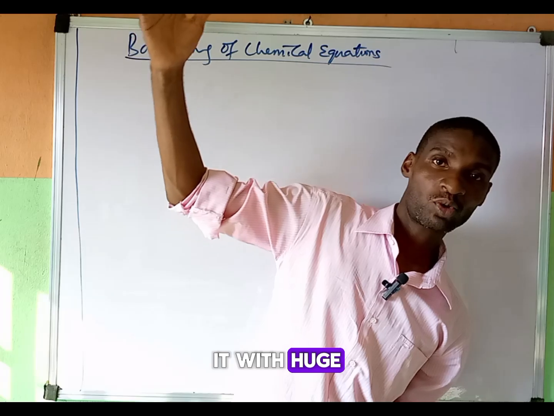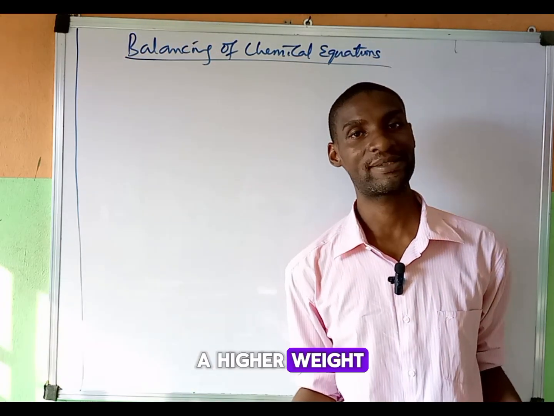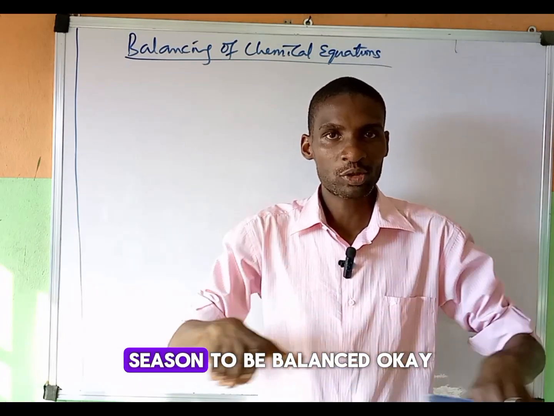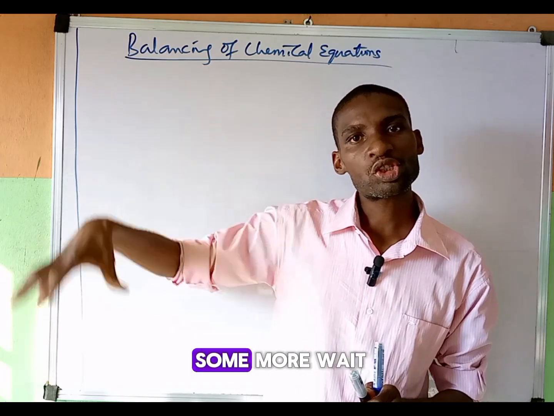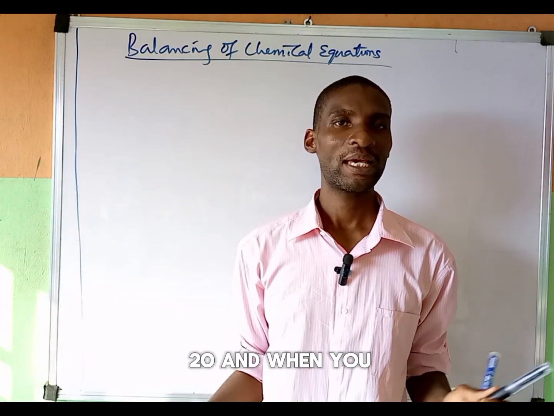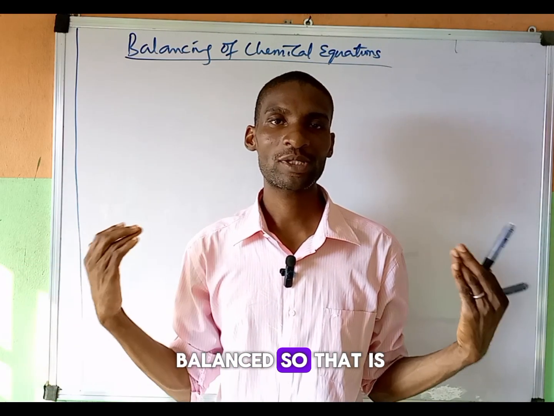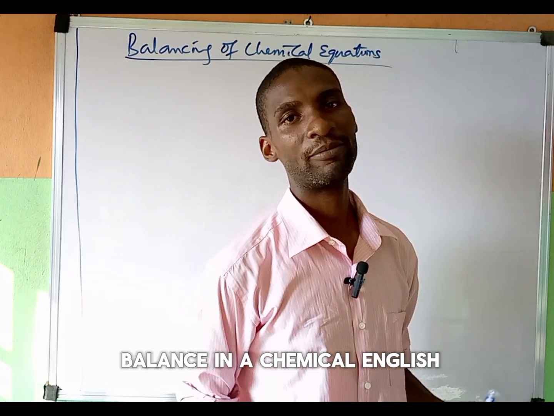It will tilt towards the side with the person that has a higher weight. So if you want the seesaw to be balanced, then you will have some more weight added to that part where you have 20. And when you have 80, it can be balanced. So that is what happens when we talk about balancing a chemical equation.